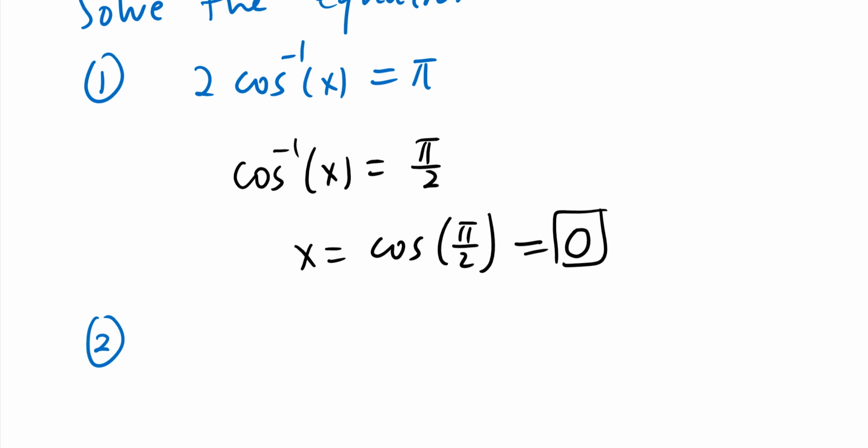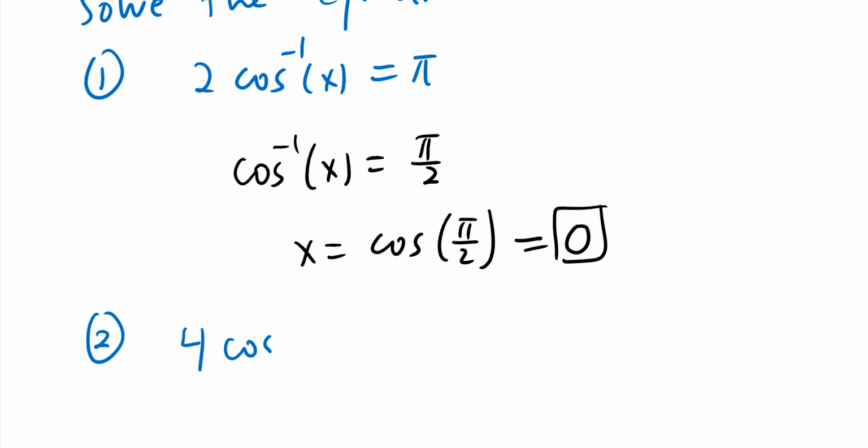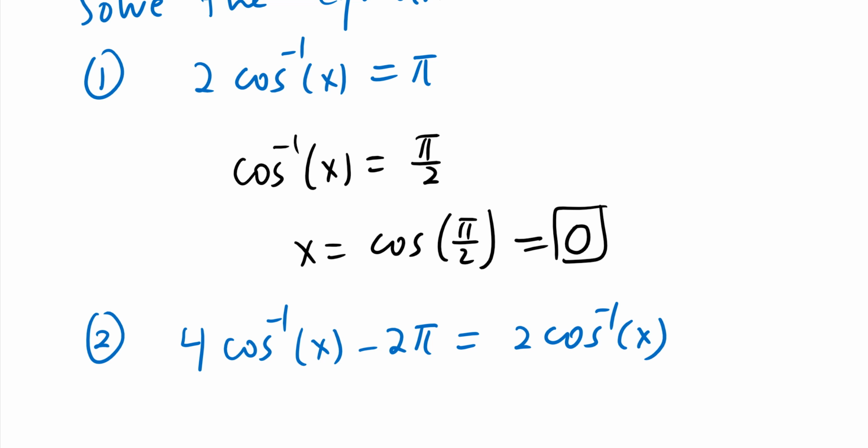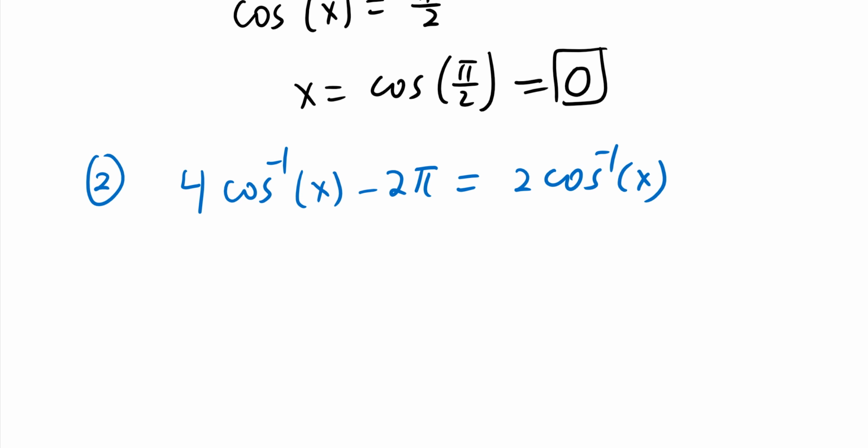Another example, let's say we were asked to solve 4 cosine inverse of x minus 2 pi equals 2 cosine inverse of x. How do we solve such an equation? To do so, we subtract 2 cosine inverse of x from both sides.